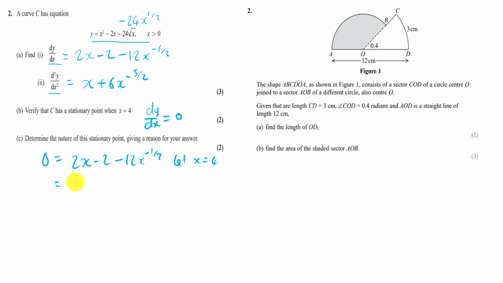So we're going to get 0 equals 2 times 4 minus 2 minus 12 times 4 to the minus a half, and that equals 0. So dy/dx equals 0. Therefore, stationary point.